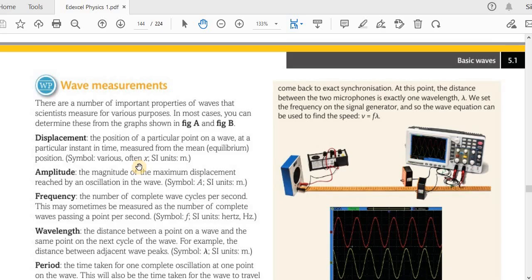Remember, there we used simple s for displacement. We can also use x, the letter x, for displacement. Then amplitude, the magnitude of the maximum displacement reached by an oscillation in the wave. Symbol capital A. We use capital A for amplitude, and also it's a distance measurement. So the SI unit is the same as the SI unit for displacement, distance, which is meters.